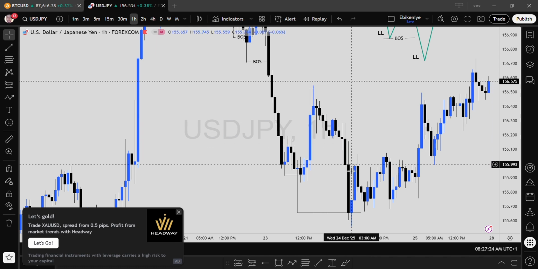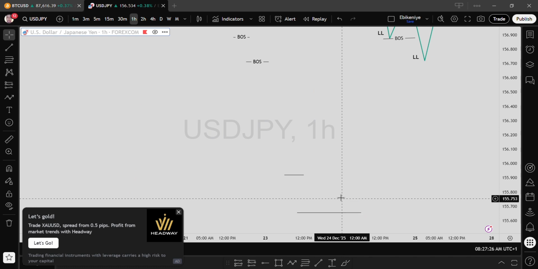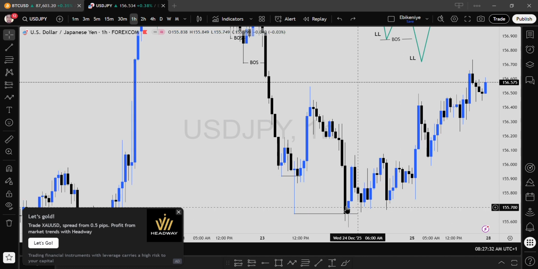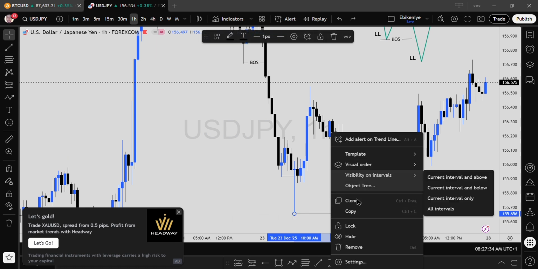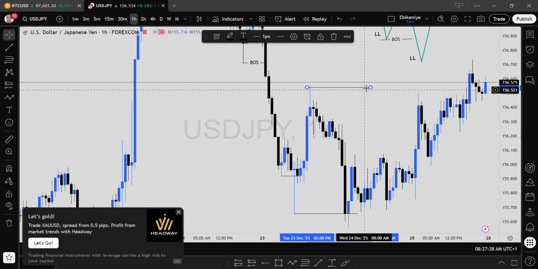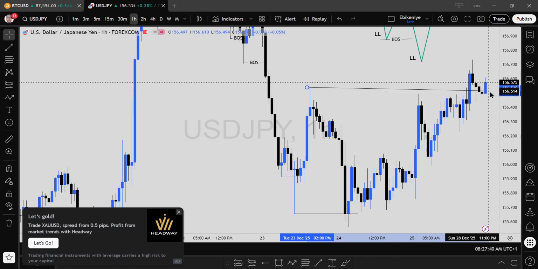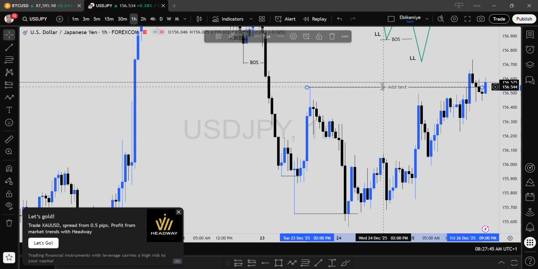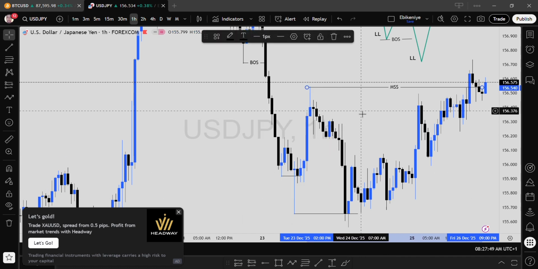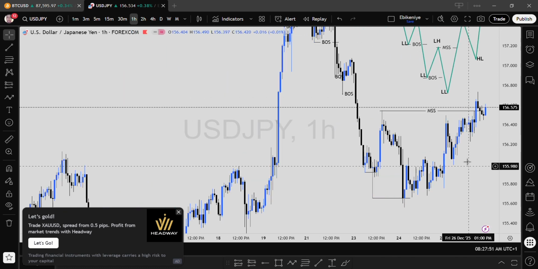Then when market came down here, and consistently started pushing, this our last lower high has to be taken out for us to know there's a market structure shift. So this particular point here now, market changed character. It has been bearish all through this while.